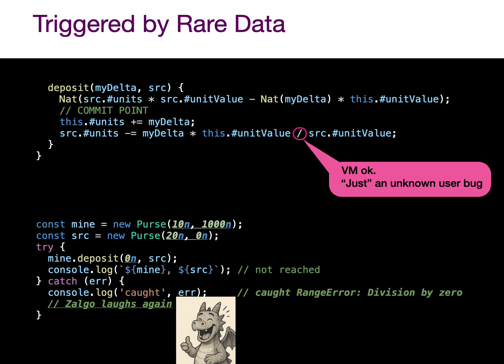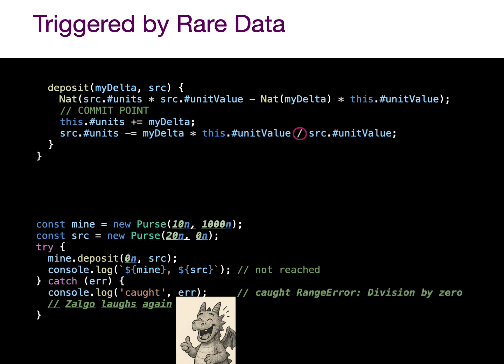If there's a 0 in both of these positions, then this divide operation will throw a range error, and if we continue computing past that throw, then because we never noticed the possibility of this bug during development, we now again have corrupted state in deployment, at a customer site, which is really bad. And we might again try to do something about this by putting a try-catch around it.